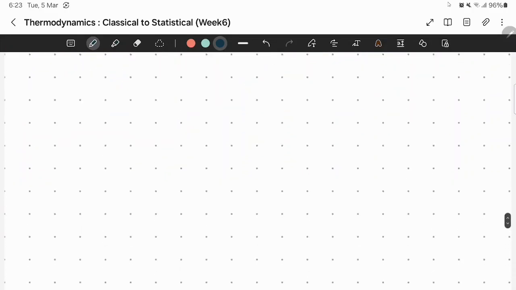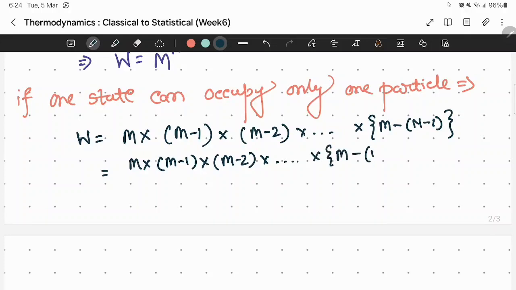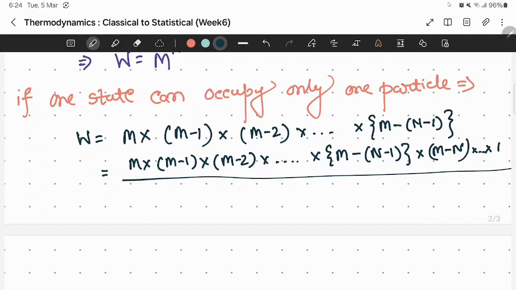So if this is the case, it can be written as m into m minus 1 into m minus 2 into m minus n plus 1 and up to 1. Then you have to divide it by m minus n, m minus n minus 1 and so on to 1.